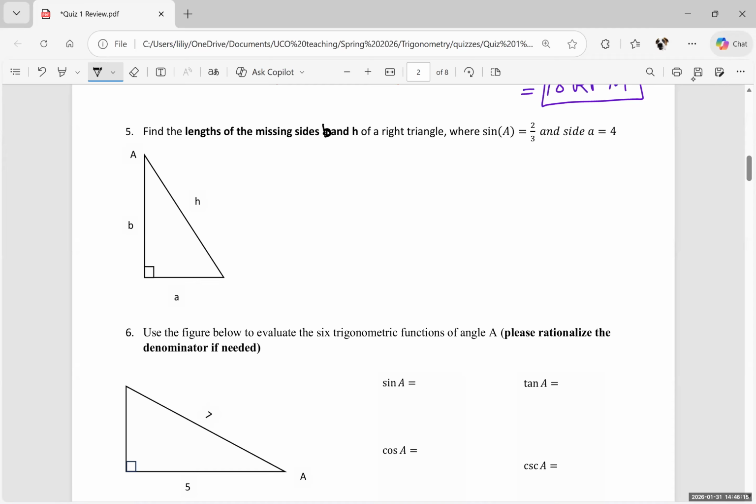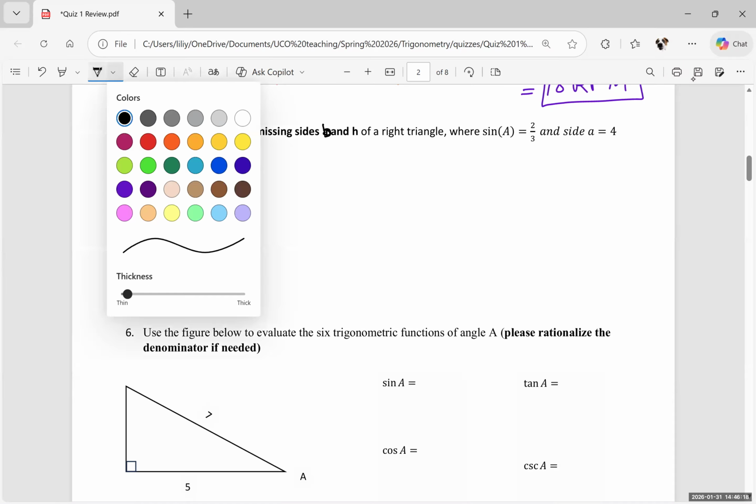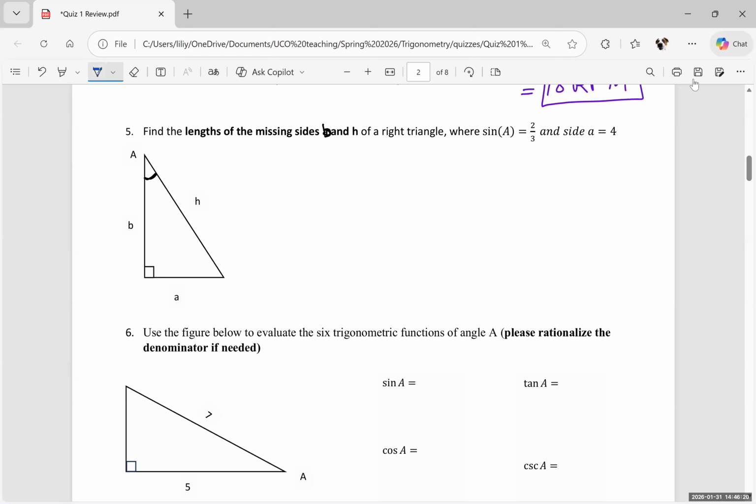So we are working with this angle right here. Here's what you're going to do. Sine of that angle A is opposite over the hypotenuse, which means it's A over H, which also means that it's 2 over 3, because it's given.